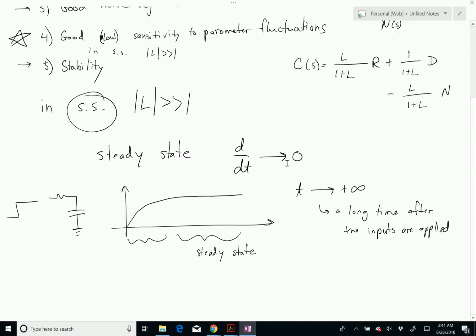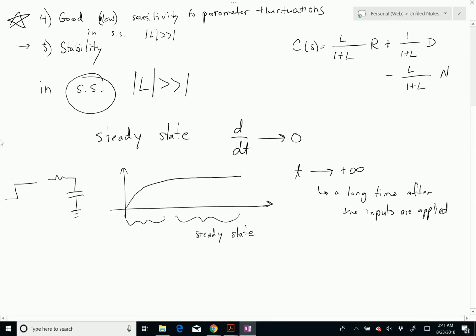So all of the change in state associated with charging this capacitor or charging the inductors or whatever, all of that variation has stopped, okay? And so I've reached a steady condition. So as t goes to infinity, I get to a condition where everything is constant.